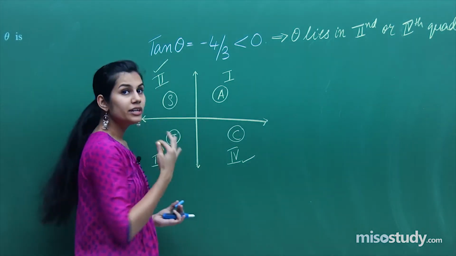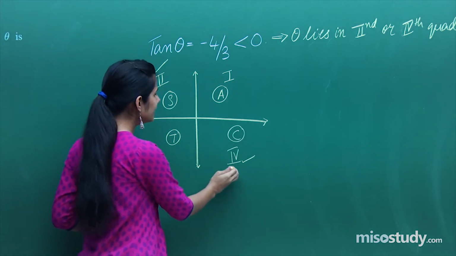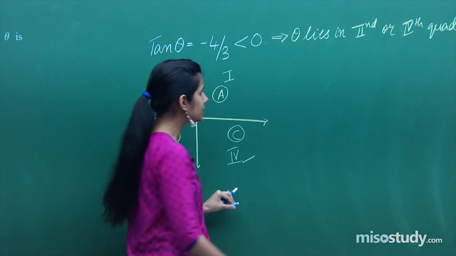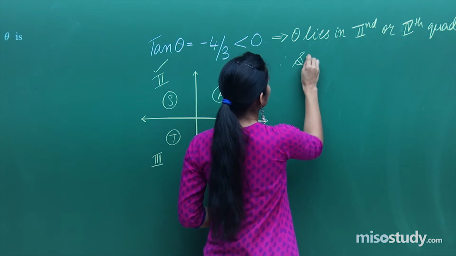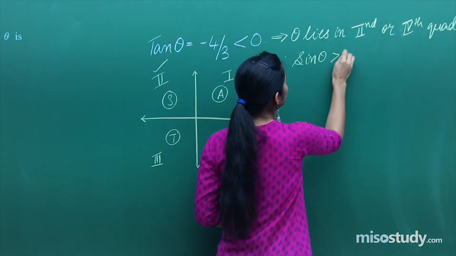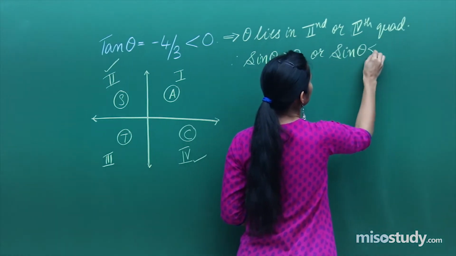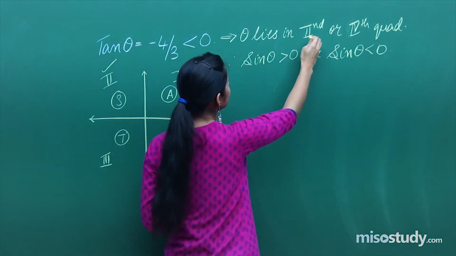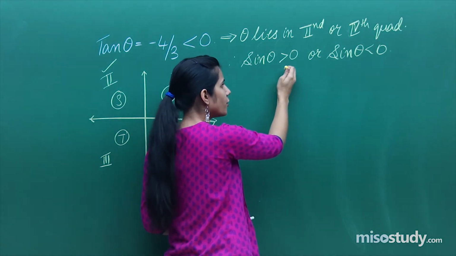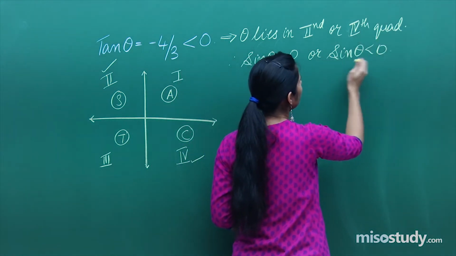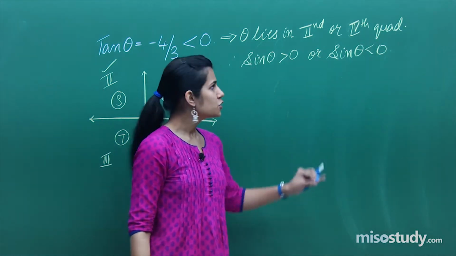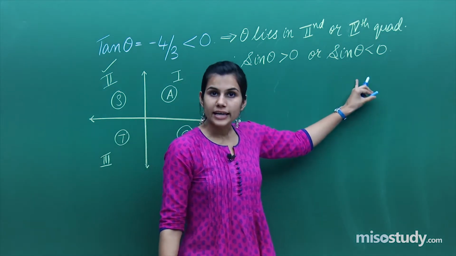In the second quadrant, sine theta is positive. In the fourth quadrant, sine theta is negative. Therefore, for the same theta, sine theta is positive or negative. If theta lies in the second quadrant, sine theta is positive. If theta lies in the fourth quadrant, sine theta is negative. So it is either positive or negative.